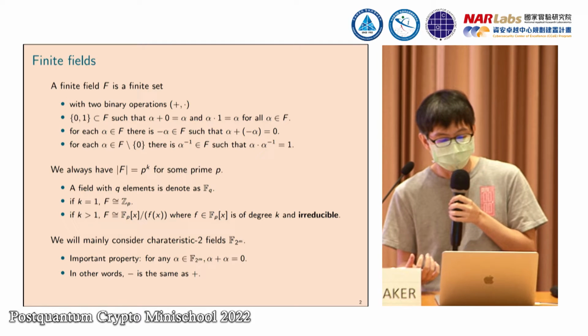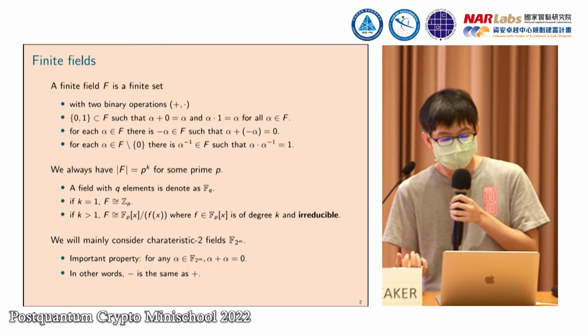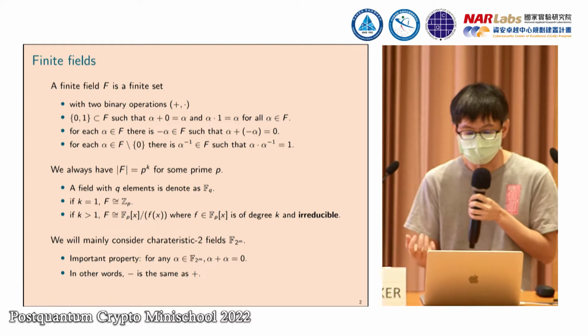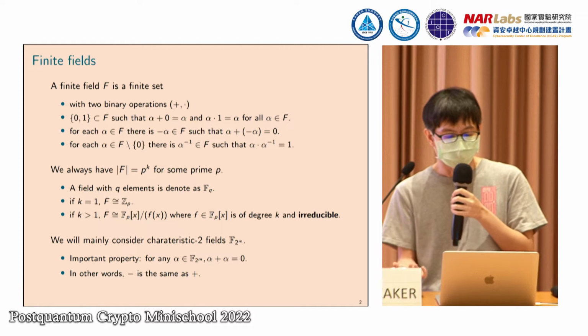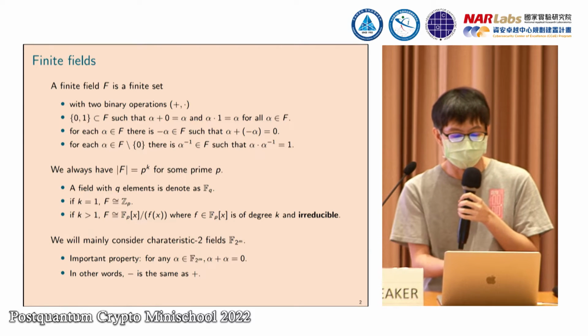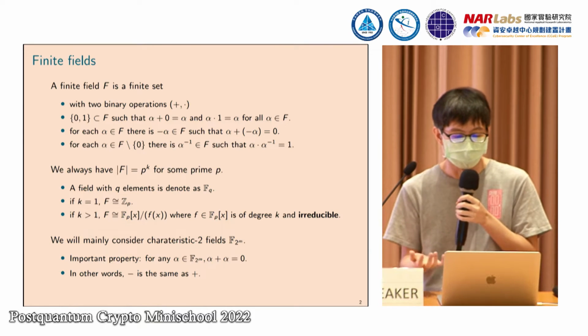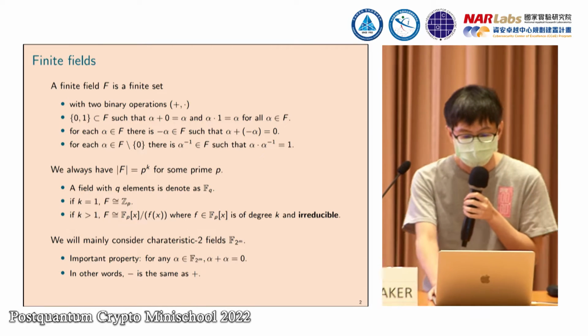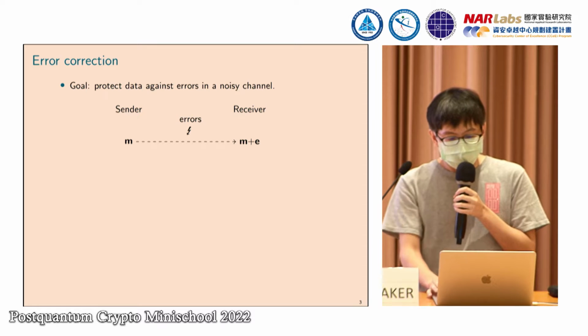In other words, you can consider that there's no minus. Minus is the same as plus because if you want to find the additive inverse, it's just the element itself. So in some sense, you can consider minus as just equal to plus. Okay.